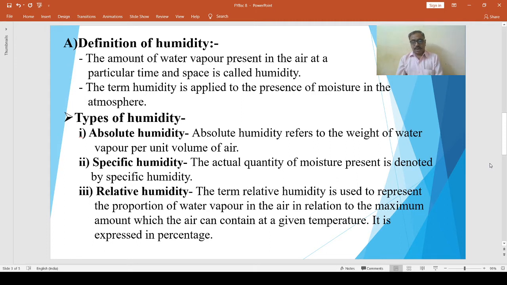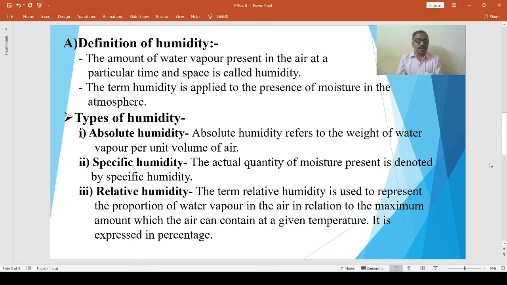The daily variations in relative humidity also depend on the temperature of the air, and hence it is more in the early morning and is a minimum in the afternoon. The relative humidity is measured in percentage.